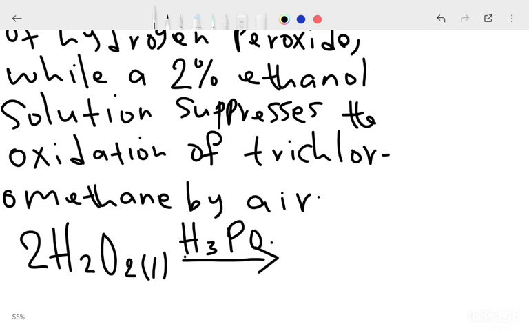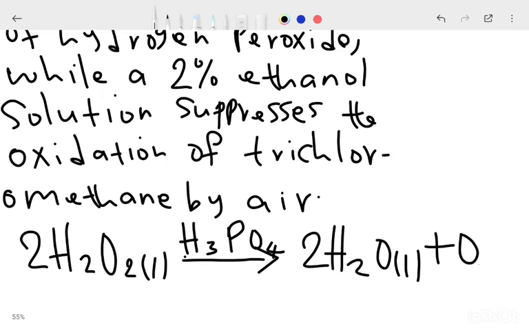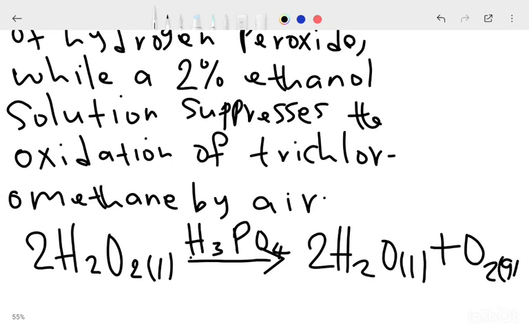It's in the write-up. This is 4. Draw your arrow well so that it will accommodate that catalyst. Then this one is liquid plus oxygen gas. So okay, write it.